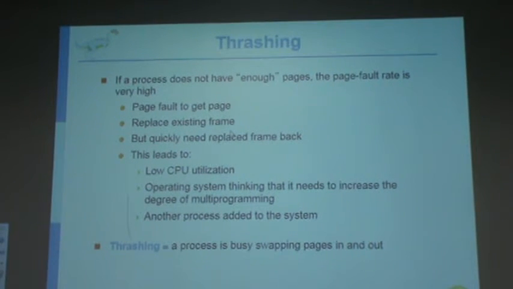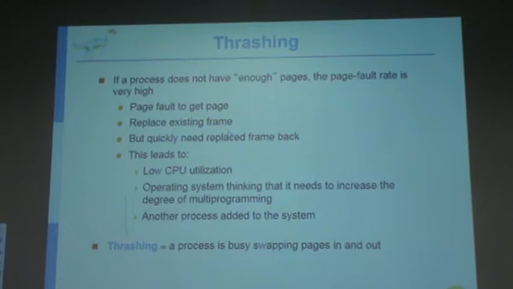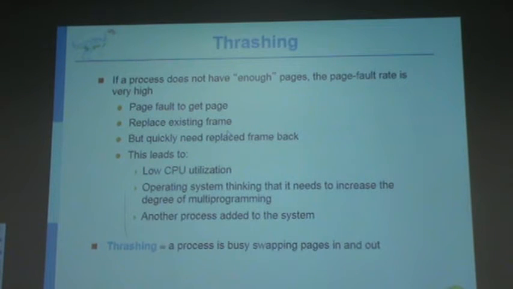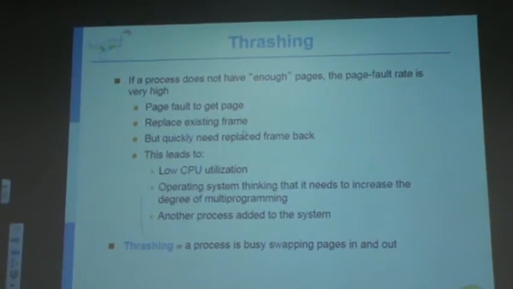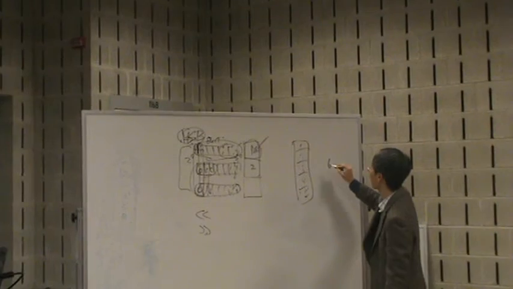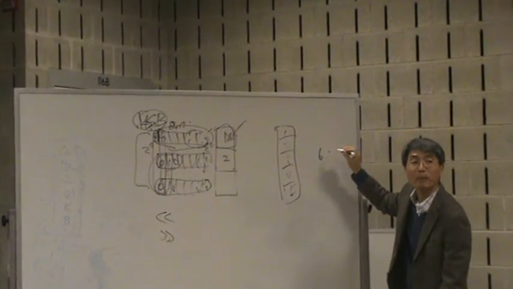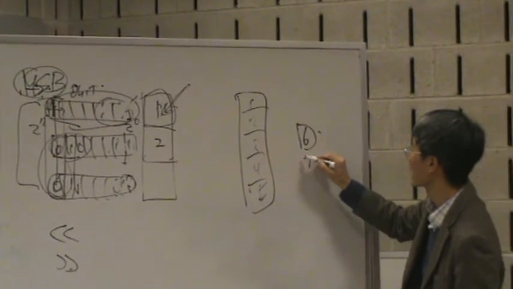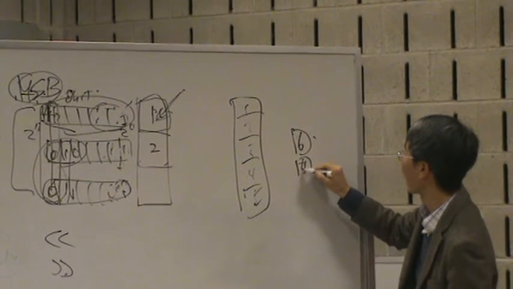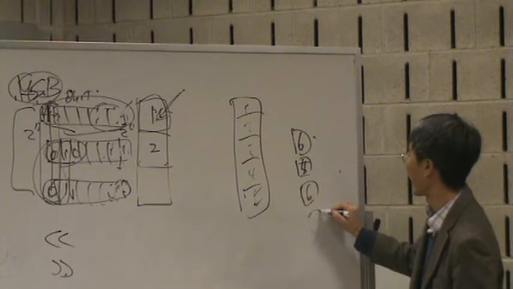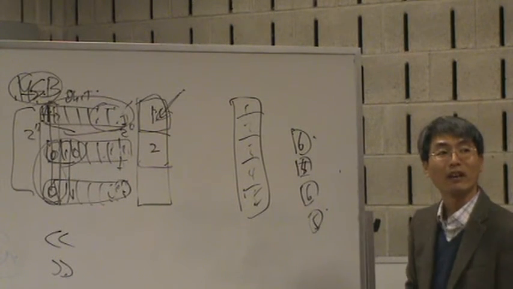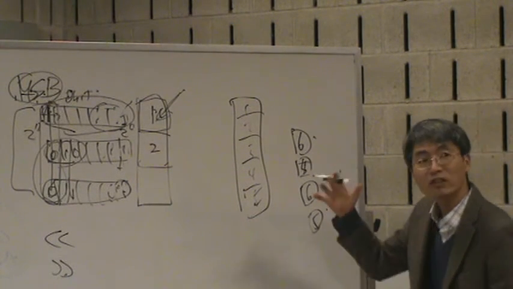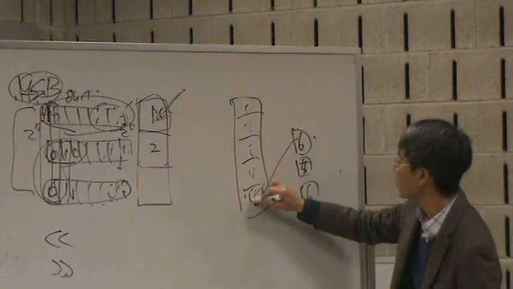Thrashing is the worst case of paging in terms of page faults. Say you have 6 instructions, and based on the instructions you need pages 7, 6, 7, 6, 5, 6, 5, 6, 5, like that. Using a certain algorithm, you select one page as the victim.